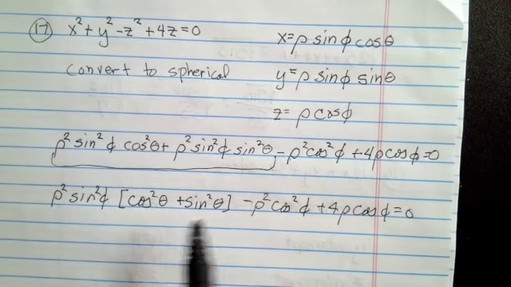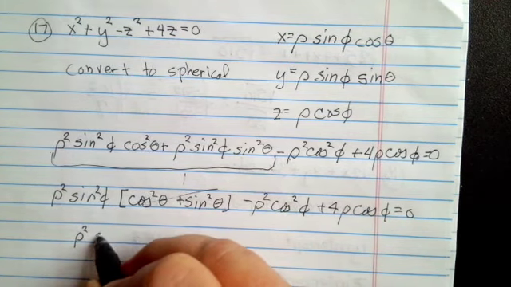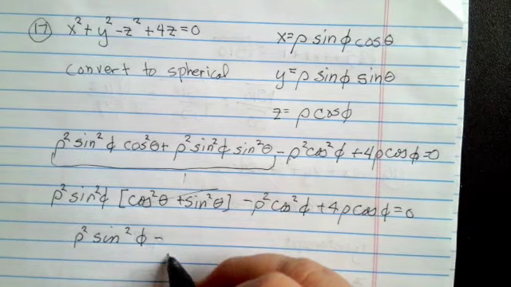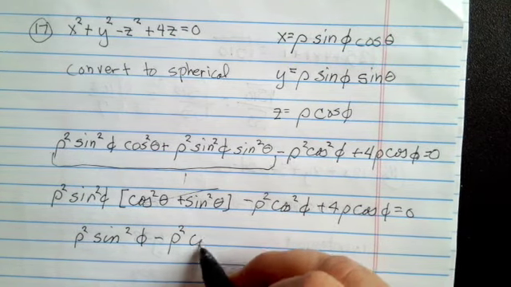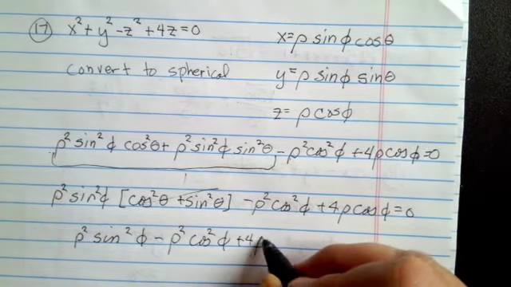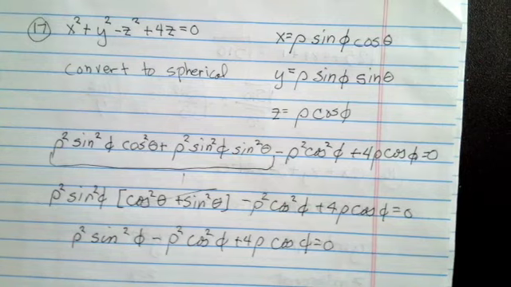Cosine squared theta plus sine squared theta you will recognize as being equal to 1, and so we're left with rho squared times sine squared phi minus rho squared cosine squared phi plus 4 rho cosine phi equals 0.